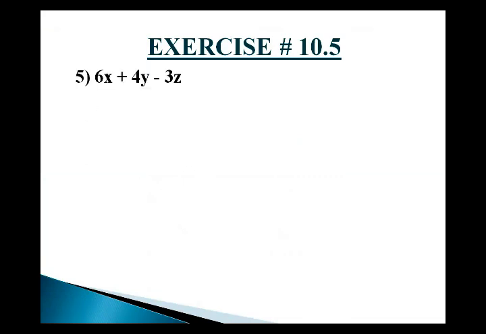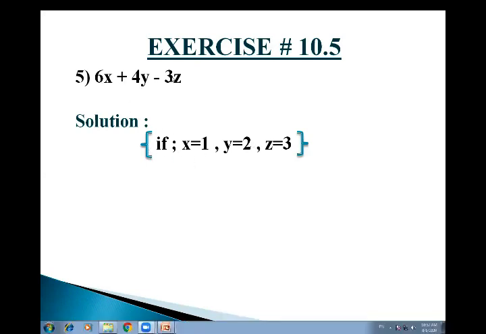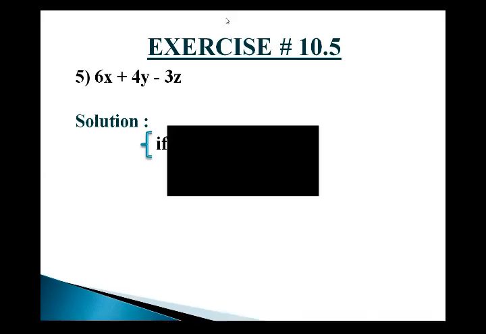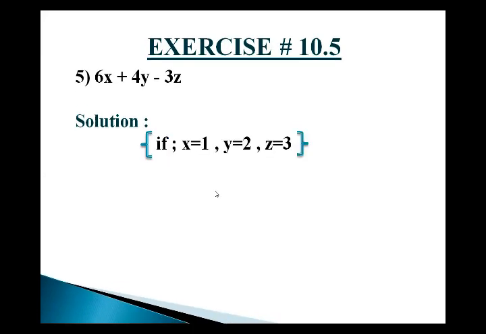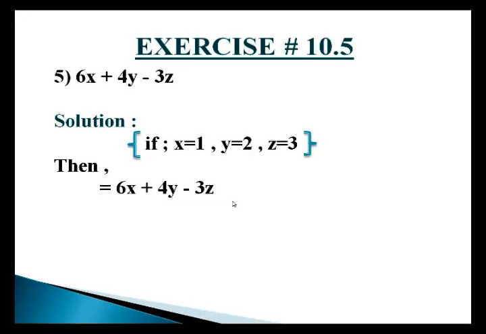So question number 5 is 6x plus 4y minus 3z. Okay, so how can you solve these questions? Firstly you write the values of these unknowns, because in every question you have different values. So firstly write x is equal to 1, y is equal to 2, and z is equal to 3.